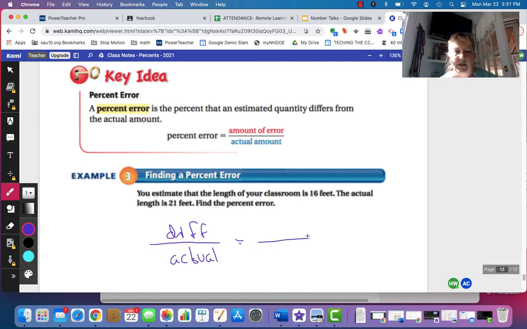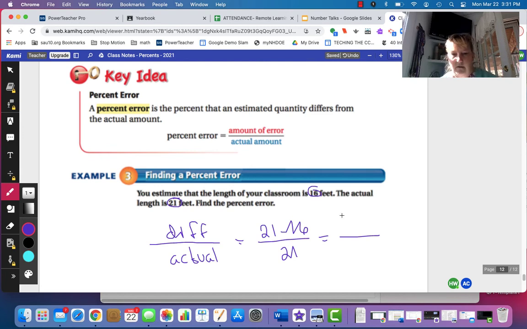And since percentages are always positive, we take the larger number, we subtract the smaller number, and then we divide by the actual amount. So I estimated it at 16 feet, but the actual length is 21 feet, so I divide by 21. So this gives me 21 subtract 16.